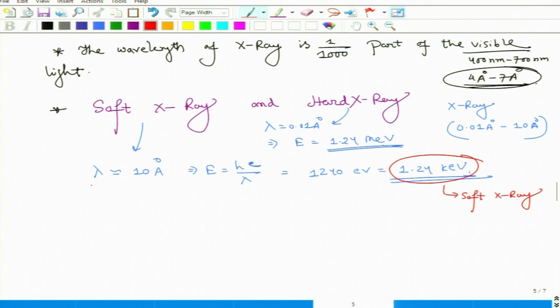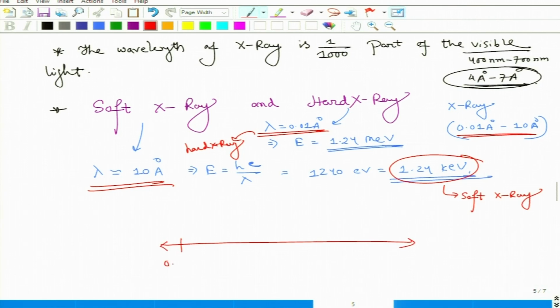So soft X-ray has the wavelength around 10 angstrom, and hard X-ray has the wavelength around 0.01 angstrom. In between we can say there is a mix. So on the scale of 0.01 to 10, around 10 is our soft X-ray.